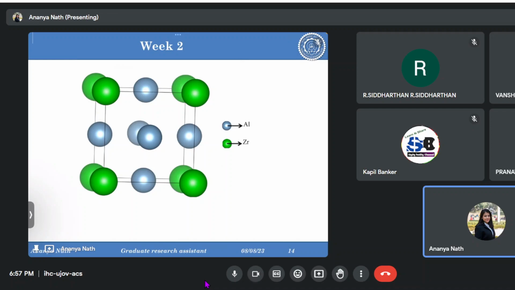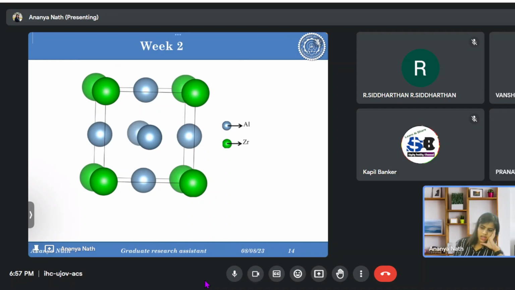These blue atoms are aluminium and these green atoms are zirconium. What will you call it? Is it clustering, or is it showing us any atmosphere, or what is atmosphere? What is clustering, or is it showing us any short range ordering, or is it random or ordered?